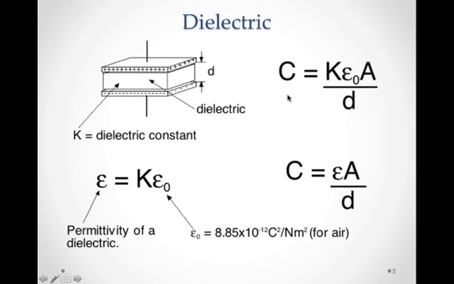Usually we have this as an equation where we change the permittivity of free space into the permittivity of the dielectric by multiplying the dielectric constant by the permittivity of free space. And this is usually on the order of a factor of 4 or 5 or 6 times better than the permittivity of free space.